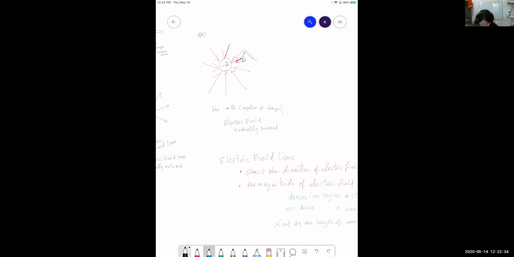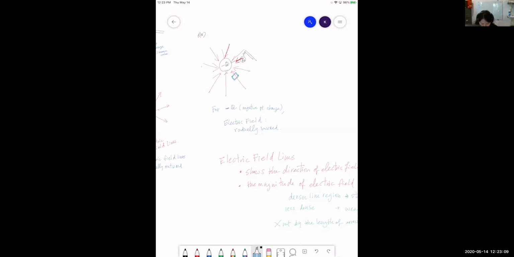So you can see here, right? Let's say I have a little sheet, one unit sheet size here. How much electric field line is passing through per the sheet? If it's closer together, you're going to have a lot of electric field passing through. But if I put it farther away, then you don't have as many electric field lines passing through from the source.